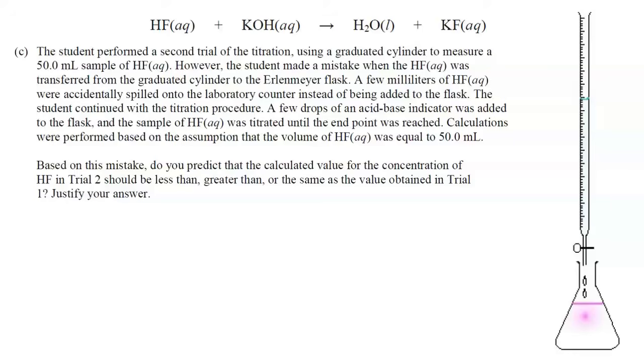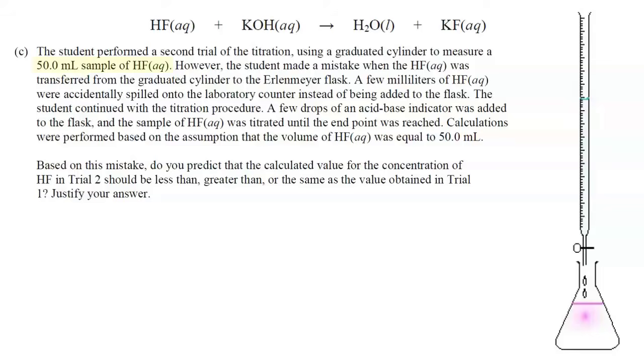The student continued with the titration procedure. Calculations were based on the assumption that the volume of HF was 50.0 milliliters. So do you predict, based on this mistake, is the calculated value for the concentration of HF in trial 2 less than, greater than, or the same as the value obtained in trial 1?